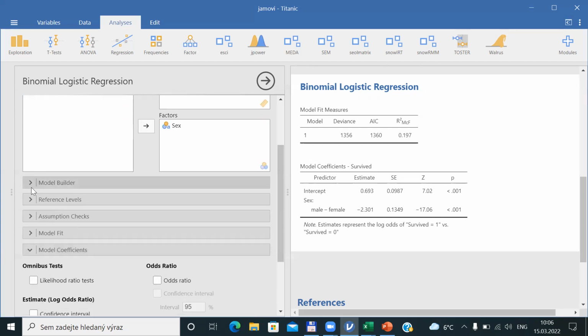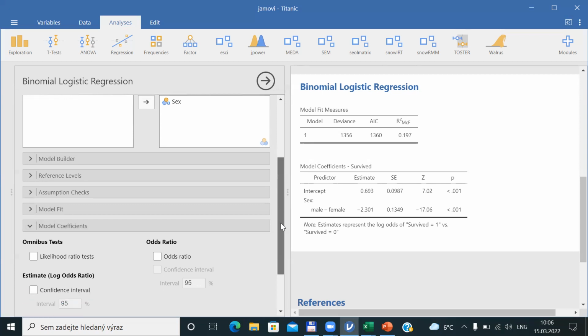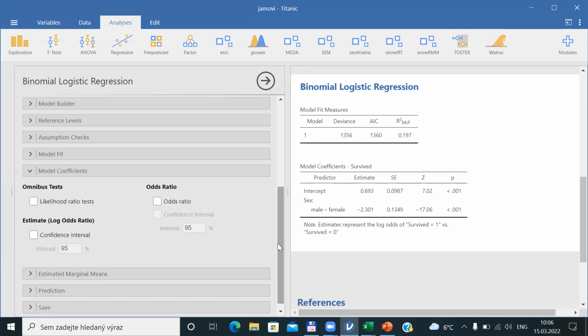And here, if you visit the fifth option, which is called model coefficients, it will offer you odds ratio instead of the original Logit. So instead of minus 2.3, I would get 0.1, which is at least very simple to inverse. So 0.1, in ratio 1 divided by 0.1, would be 10.